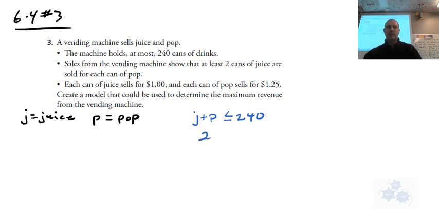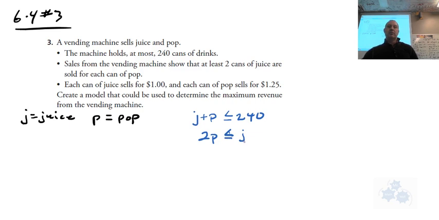So 2 times P is going to be what? Do you remember the pattern here? So juice is over here. Is this less than or greater than? J has to be at least twice as much, so J could be more than twice as much as pop.